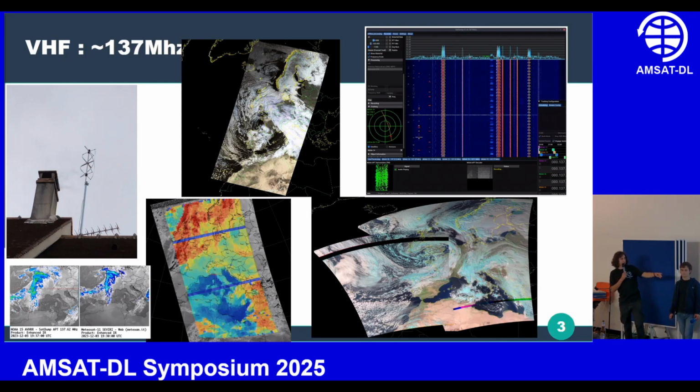And as you can see, here is another example of data usage. This is a comparison of data from NOAA 15 and an actual professional weather service, which is our Italian weather service, Meteorologica Militare. As you can see, except for the colors, the images are exactly the same, the data is exactly the same, so SatDump can really output quality data ready for scientific usage.